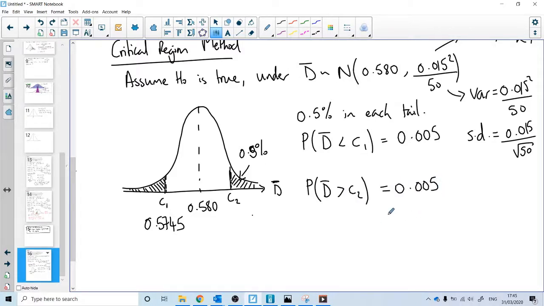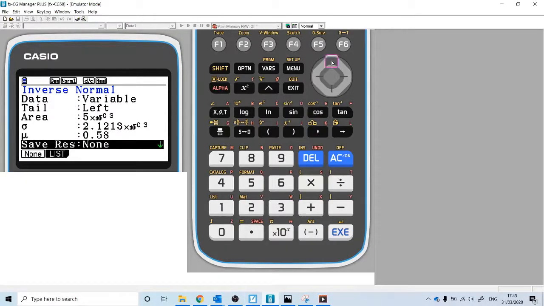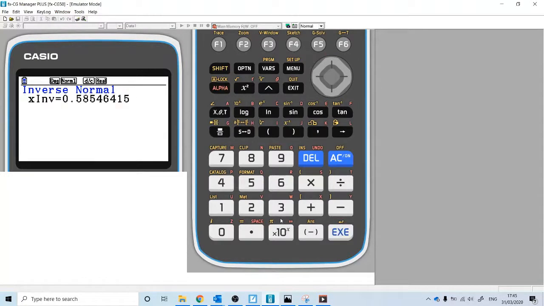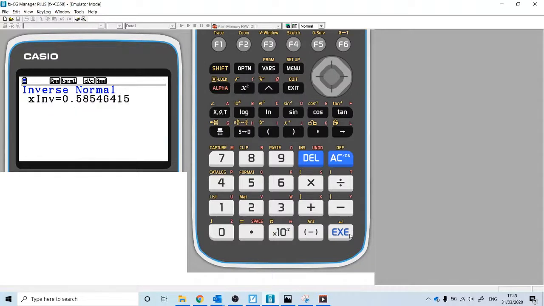So again, we can use our calculator to work out what that is. And all I need to change is that we want the probability to the right of our unknown value to be 0.005. So just change that to right and leave that as 0.005. So if we work that out, we get 0.5855.